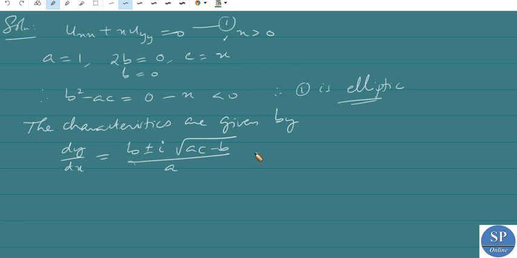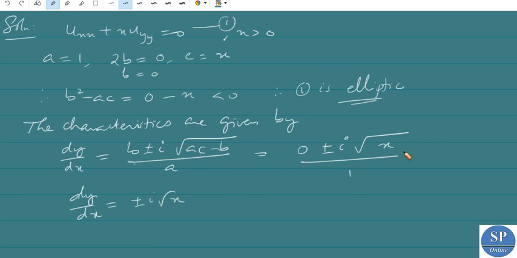So this is equal to 0 plus or minus i into square root of ac minus b squared, which is x, divided by a, which is 1. So we have the differential equation dy by dx is equal to plus or minus i root x.